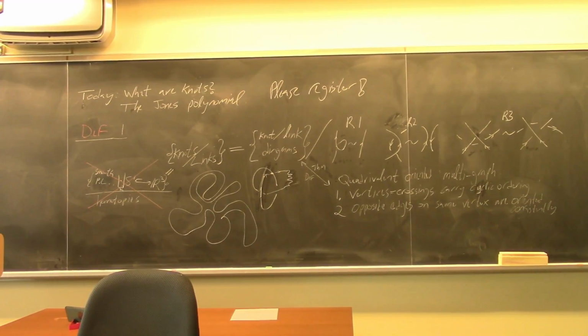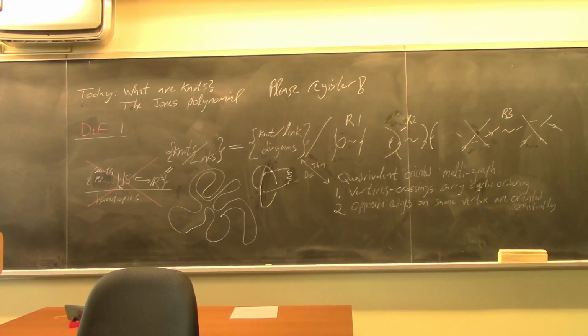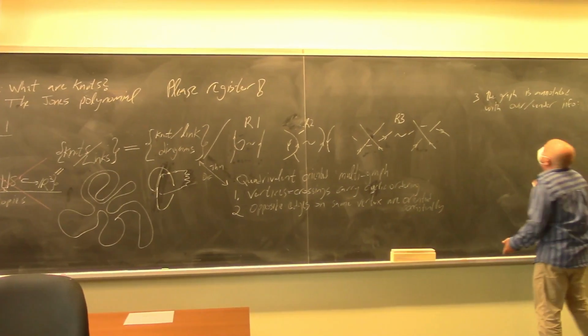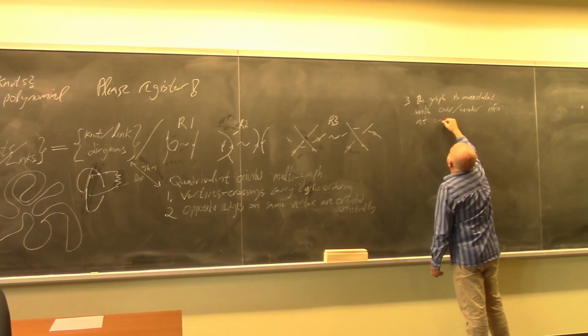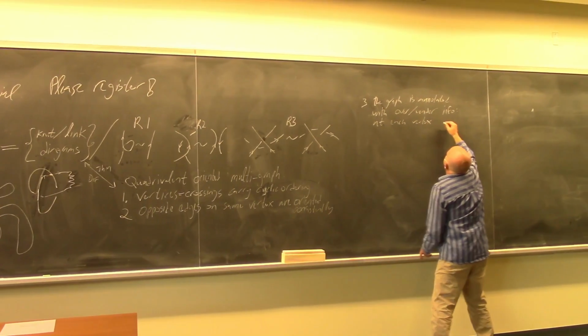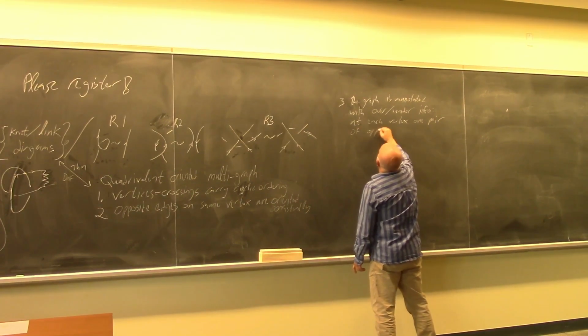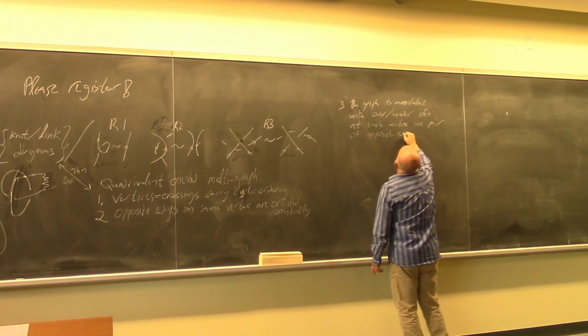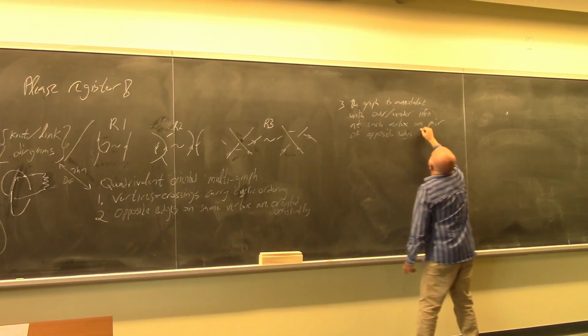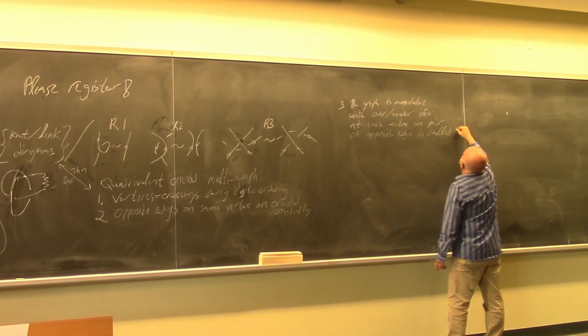The graph is annotated with over-under information, and what this just means is at each vertex, one pair of opposite edges is called over.